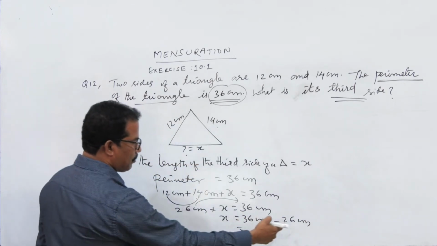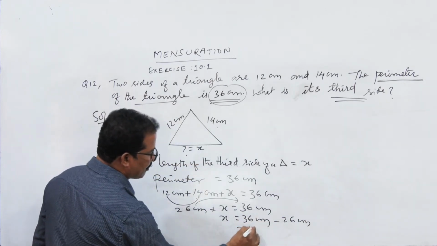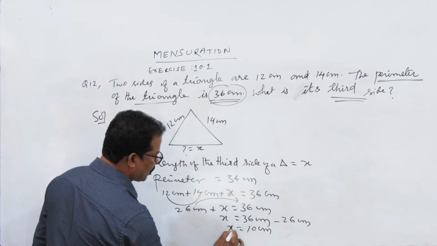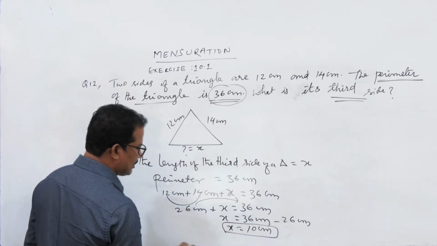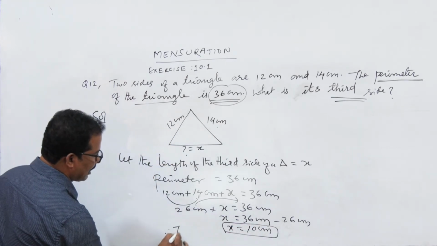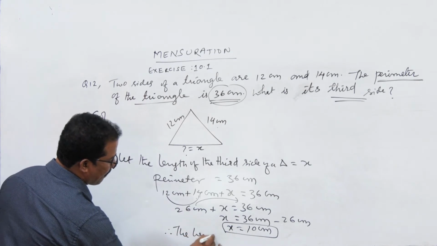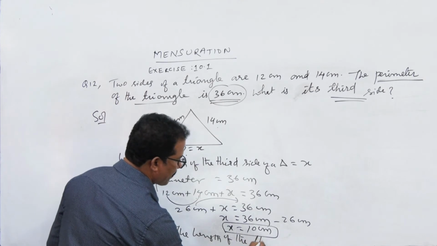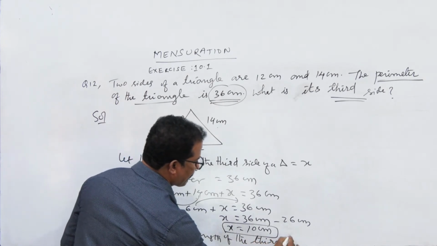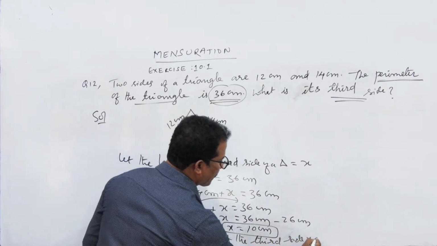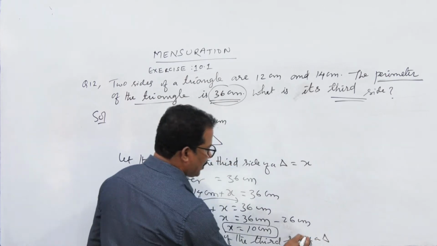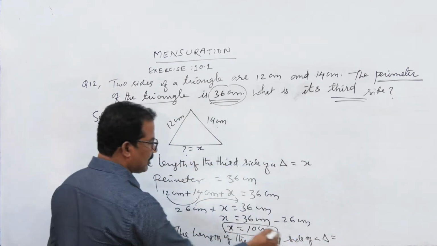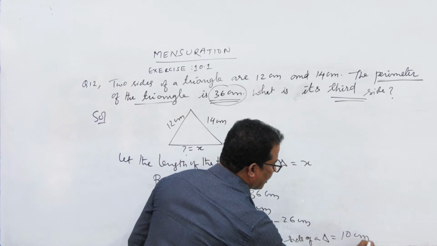If you subtract 26 from 36, we get 10 centimeters. So the value of x is 10 centimeters. Therefore, the length of the third side of a triangle is 10 centimeters. Do all of you understand?